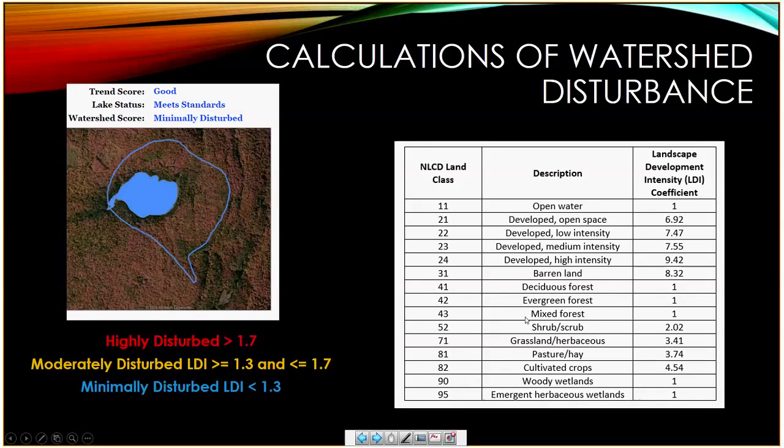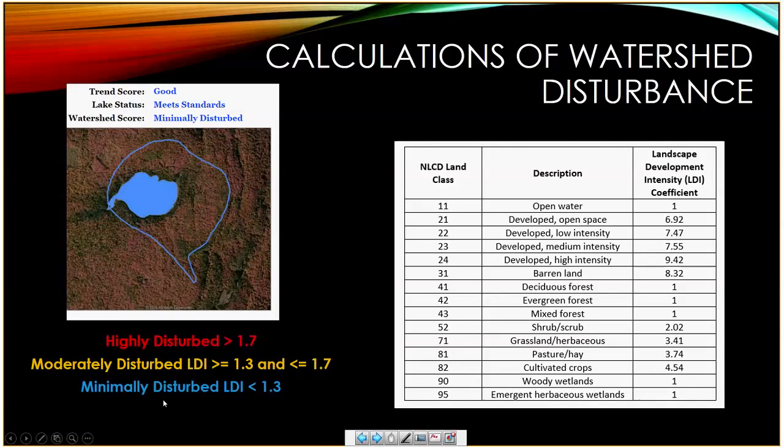Using this set of classes, we put each of those acres into one of those classes, and then you'll notice here on the right side of the table there's a coefficient of land development intensity. Basically, the larger the number, the more developed the land is. And that's multiplied by the area of the acreage to come up with a final score for the watershed.